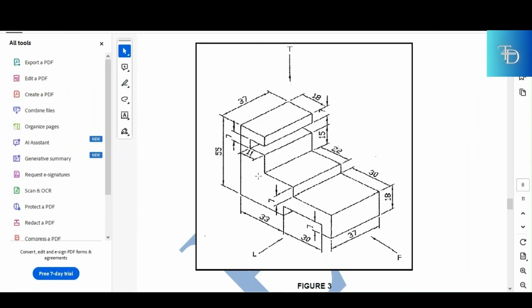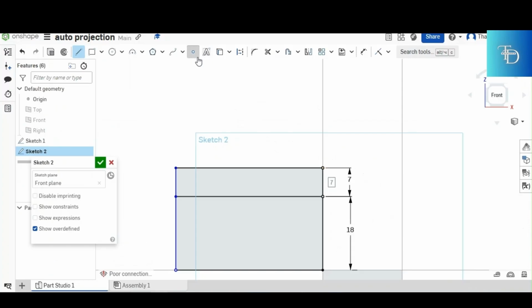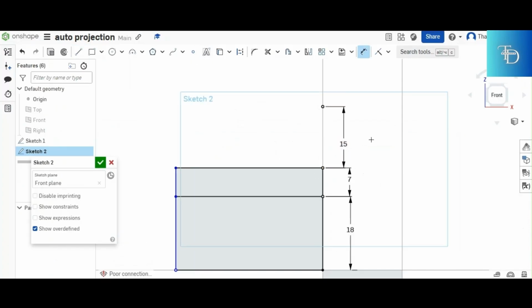Now we worry not about the length because all these shapes in length are equal to the first one, so everything is 37 long. The only thing you consider now is the height, because from the 7 we push by 15 units up. That one is 15 units high. So you go back to your structure, you pull up your ruler, you go up 15 units right there. And then you already know what to do after measuring. You complete the shape, which is the rectangular shape. Right there. There you go.